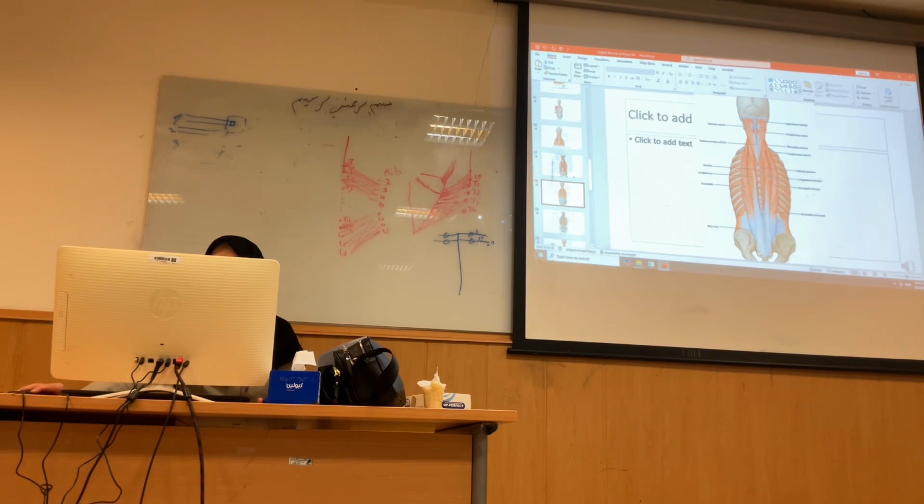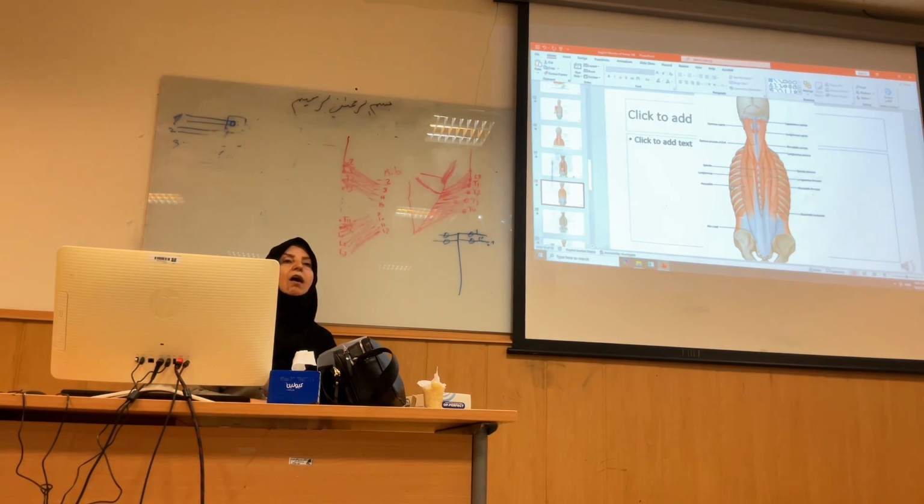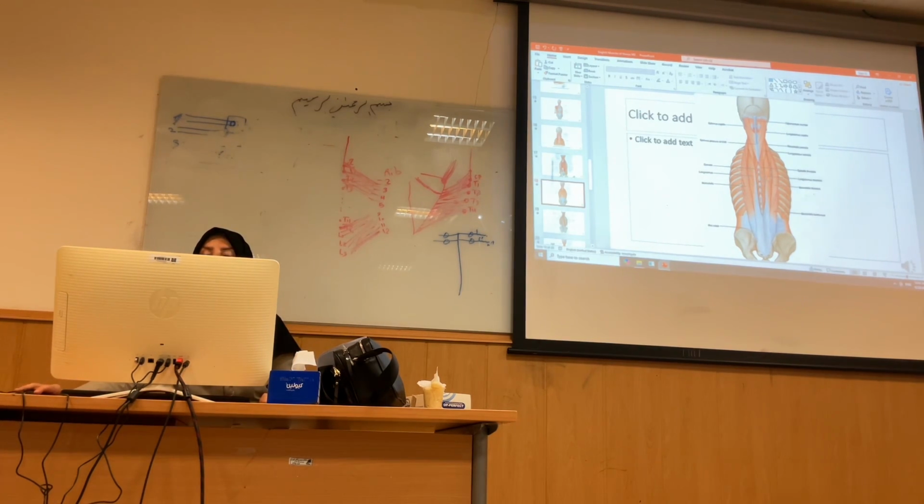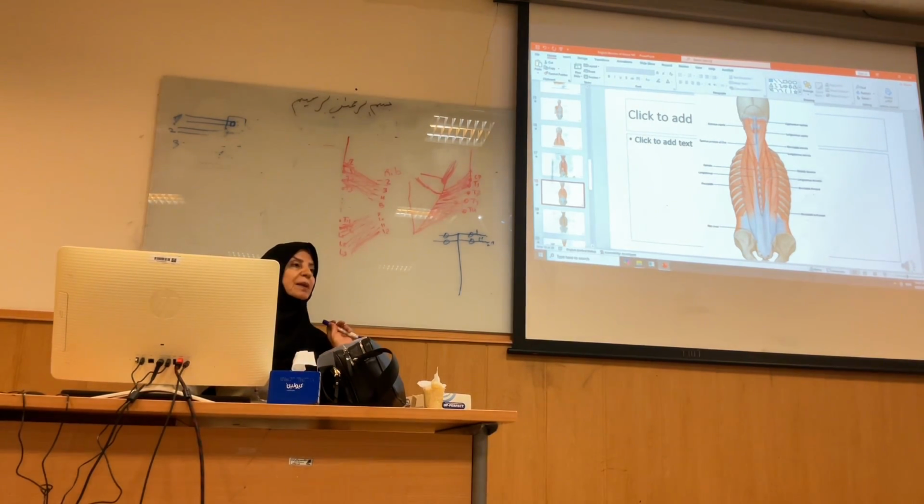All of the erector spine muscles are going to be innervated by the dorsal branch, or posterior branch, of the spinal nerve. So the splenius and all of the pieces of the erector spine muscle are innervated by which branch of the spinal nerve? Dorsal or ventral? Dorsal. Never forget.